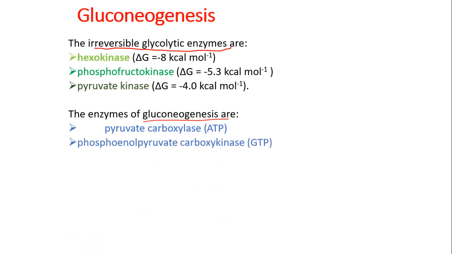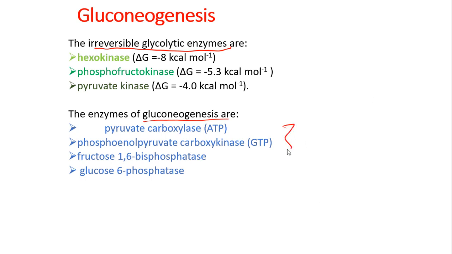The other one is phosphoenolpyruvate carboxylase. Then you have fructose 1,6 bisphosphatase. Then you have glucose 6 phosphatase. So these four enzymes are taking part in what? In gluconeogenesis. So make sure that you are able to understand that.